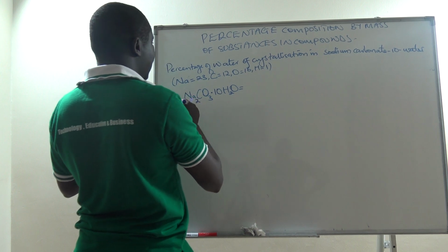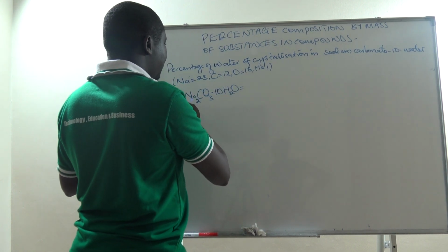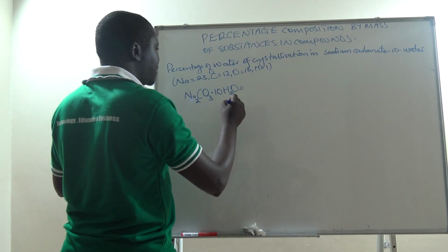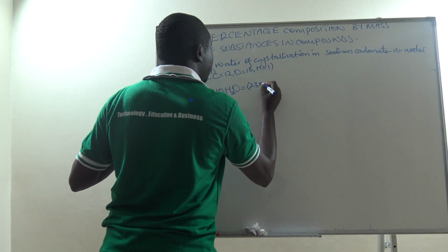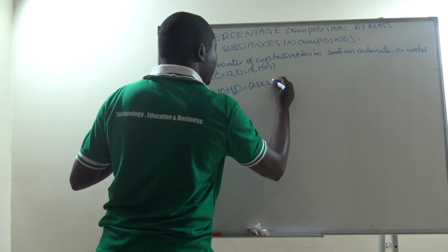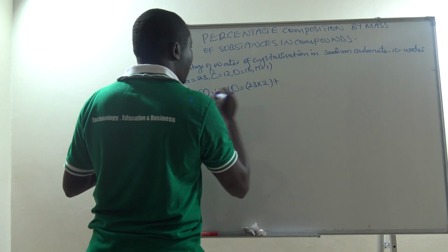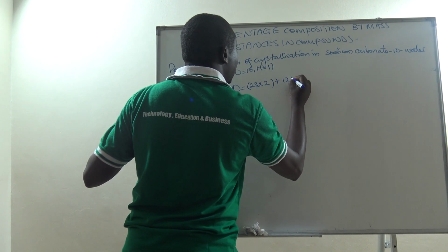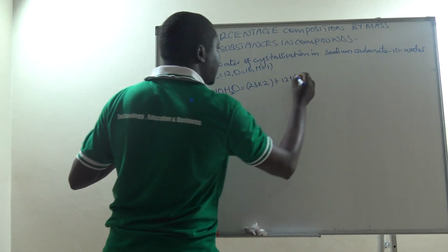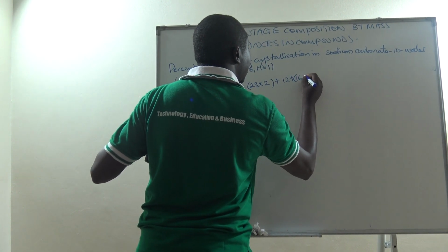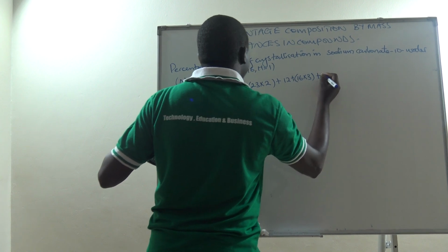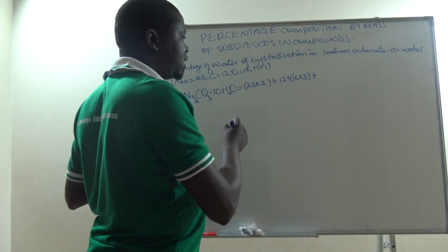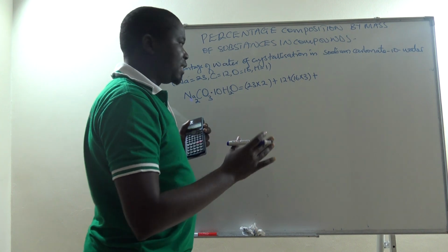So let us get the relative formula mass of sodium carbonate 10 water, which is 23 times 2. We are done with sodium, we go to carbon, only 1 atom, that's 12, plus we go to oxygen, 3 atoms, that is 16 times 3. Then we are going to add to the whole of the 10 moles of water of crystallization, that is water, 10 of them.